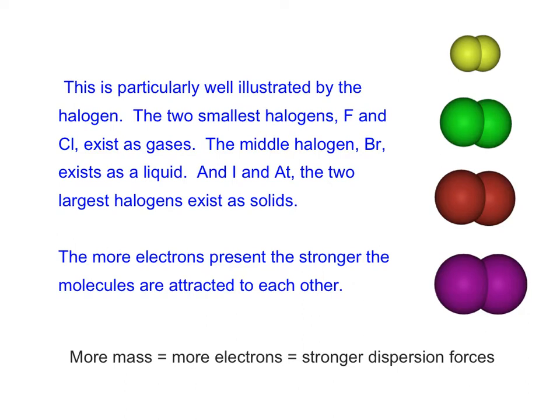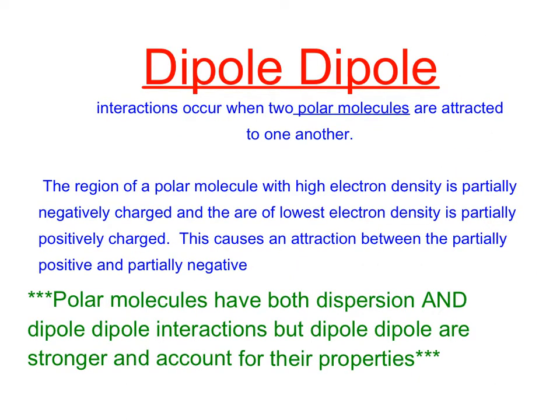They can have bigger and stronger IMFs, so they can hold on to other iodines or other astatines a little bit better, which will allow it to be a solid at room temperature. So again, you can see this difference between the stronger your IMF, the more likely you are to be a solid or a liquid versus just a gas. So that's everything about dispersion forces. Everything has them, and they're very temporary and tend to be very weak.